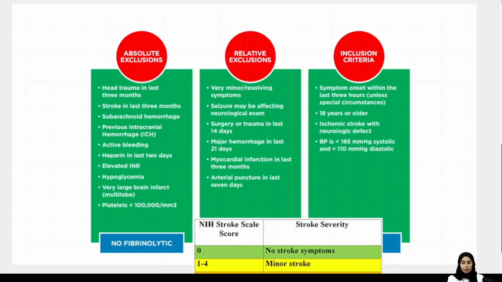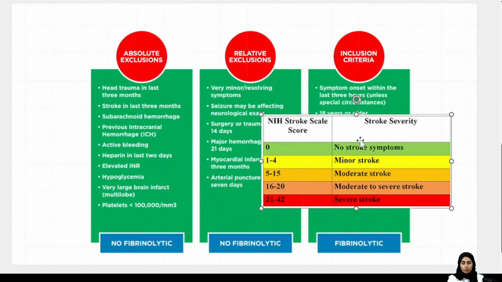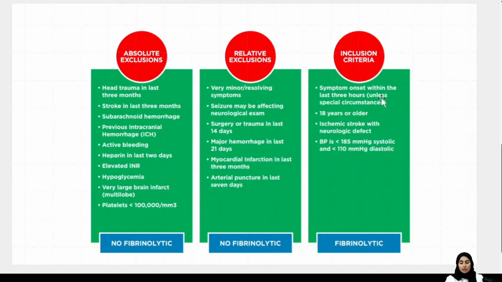Indication for fibrinolytic therapy: symptom onset within the last 3 hours, 18 years or older, ischemic stroke with a neurologic deficit, and blood pressure systolic less than 185 and diastolic less than 110.